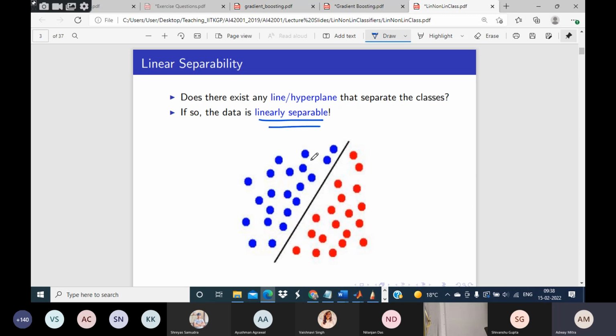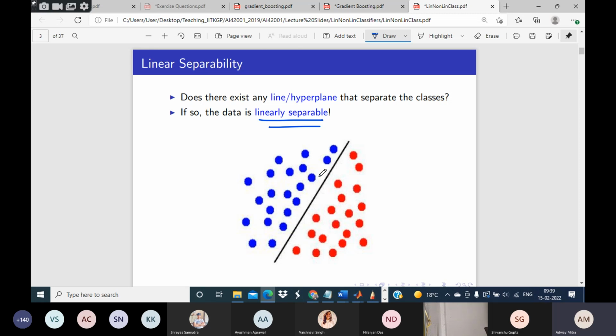What I mean by linearly separable is, can I find some kind of linear structure like this, be it a plane or a hyperplane or line, such that all points of one class are on one side and all points of the other class are on the other side? In this case, clearly the answer is yes. If you consider this hyperplane or this line, it divides all the red points on one side and all the blue points on the other side.